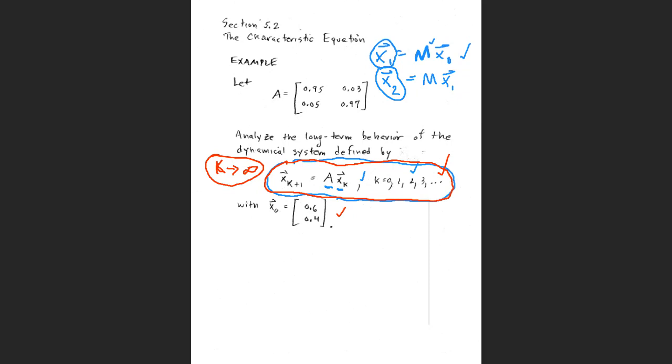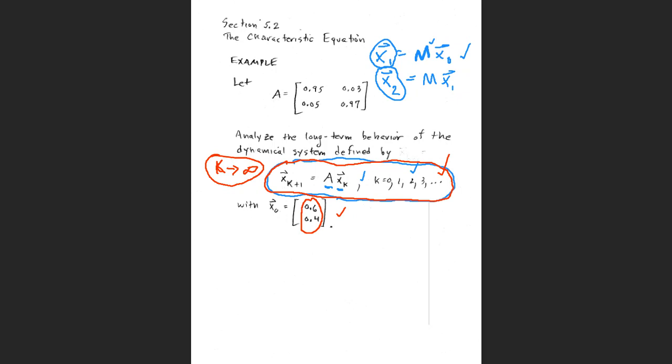Now notice, what do 0.6 and 0.4 add up to? They add up to 1. So those could be percentages, but let's for now just not worry about that.